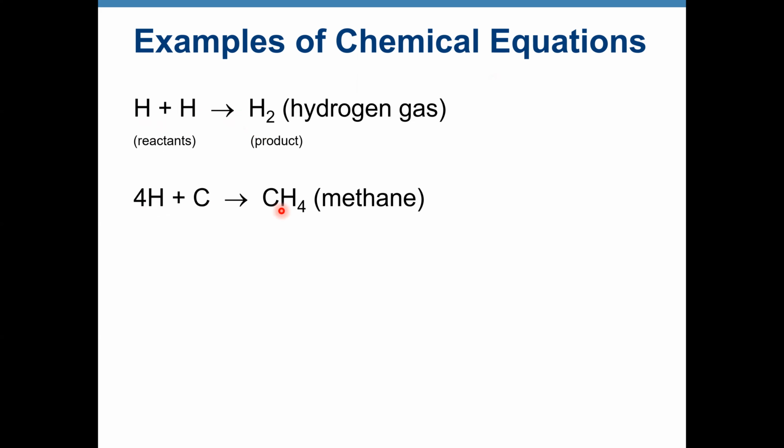And here we balance it, because the law of conservation of matter tells us that if we have 4 atoms of hydrogen in the product, we need to start with 4 atoms of hydrogen as reactants, right? So 4 hydrogen plus carbon gives us one molecule of CH4, that is methane.